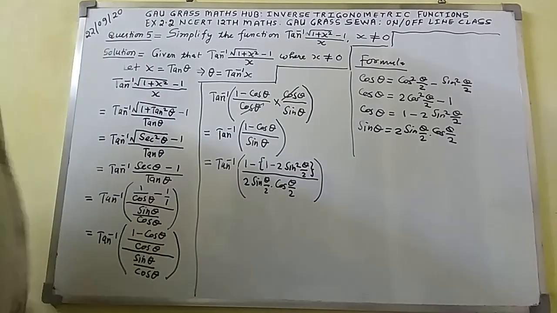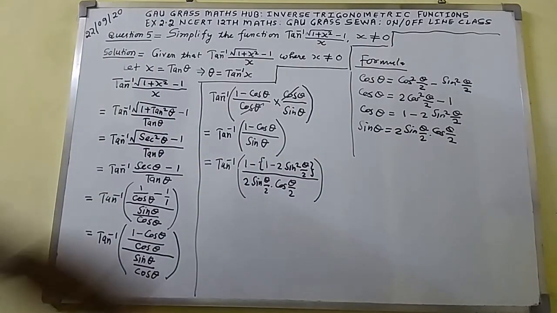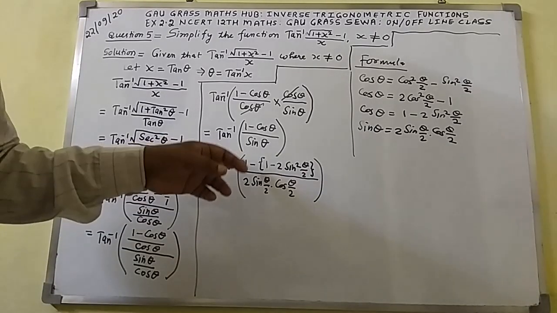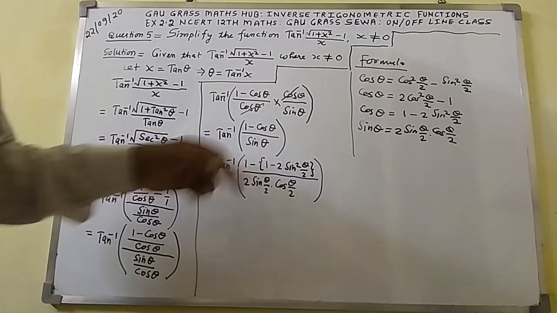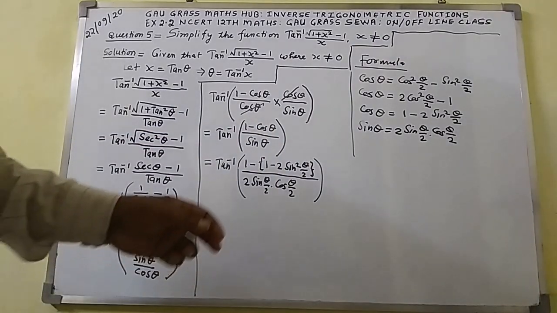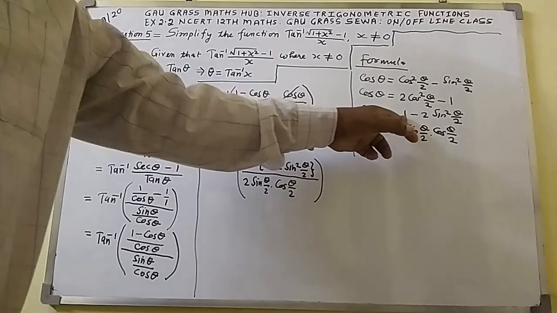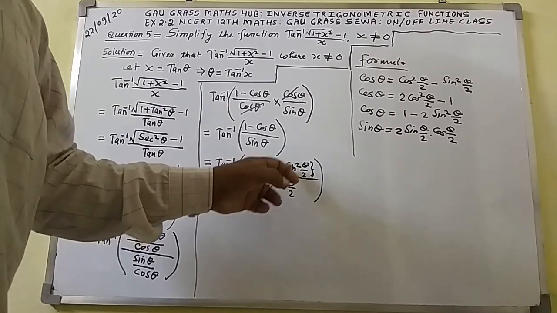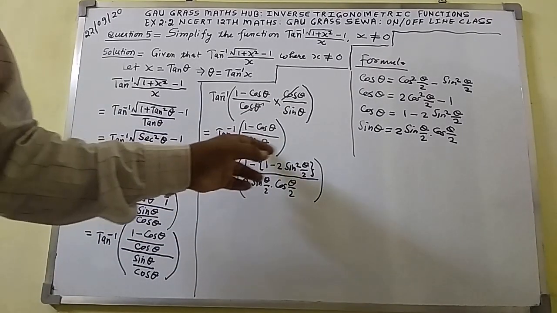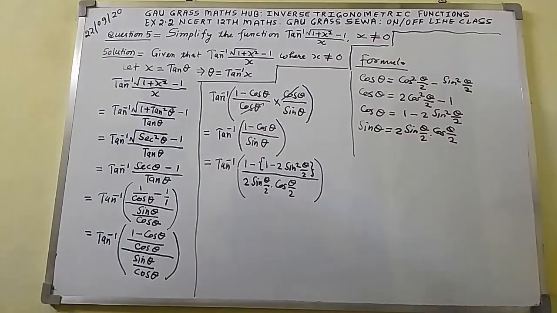Now the bracket will be included here. So here you can see 1 minus, curly bracket, in place of cos theta I can write this formula, 1 minus 2 sin square theta by 2, curly bracket close, and in place of sin theta I can write this formula.